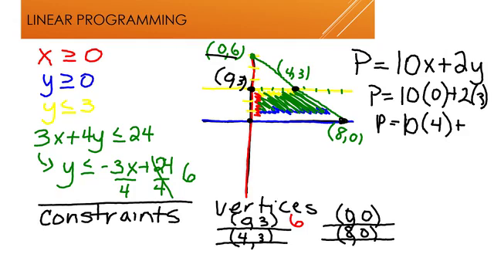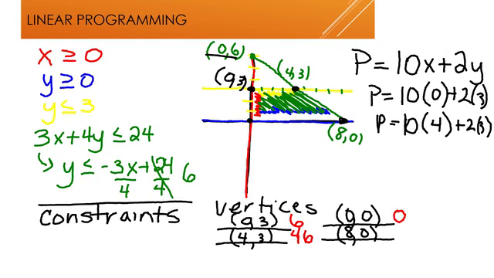I meant to put a 2. That's going to give me 46. If I plug in 0 and 0, I'm just going to get 0 for the next one, aren't I?